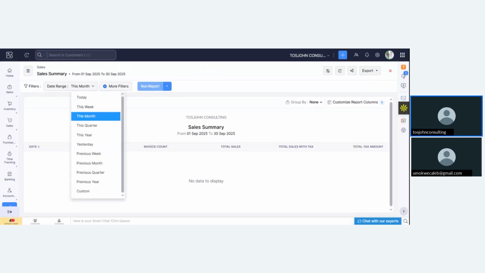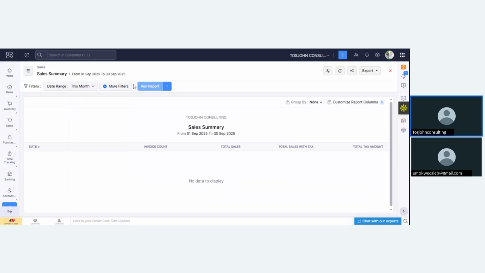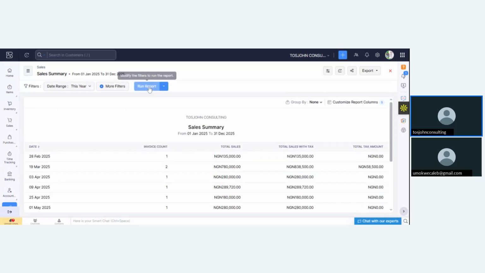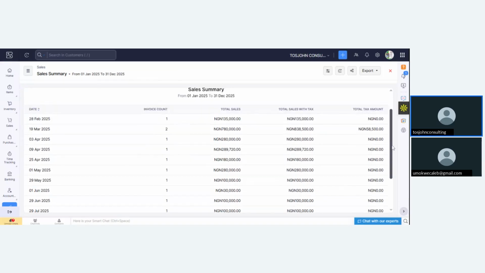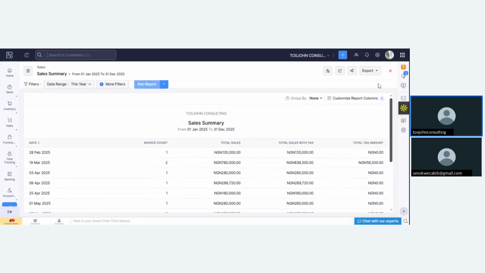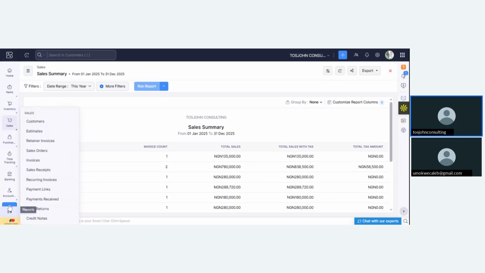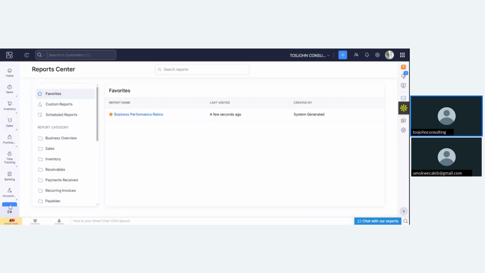You'll be able to see sales summary, February, March, April, May, June, July. So you'll be able to see all those information.